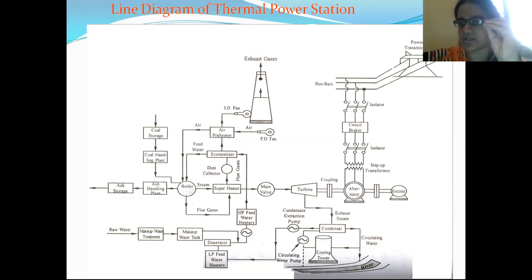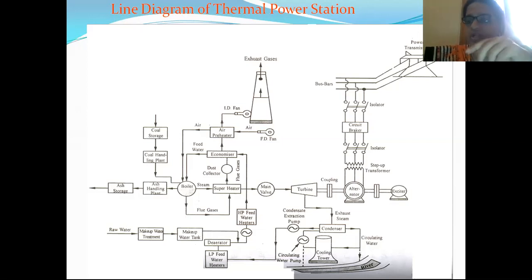In order to get the EMF induced in the alternator, what we do is, first we give DC excitation to the rotor of the alternator. Again, this rotor will be coupled to the output of the turbine, right? As it is connected to the output of the turbine, as the turbine rotates, your rotor also will start rotating.